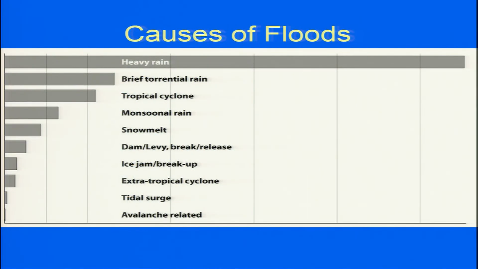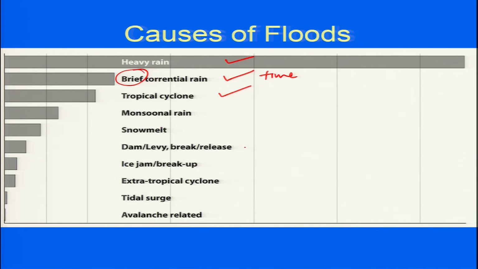So, in one of the slides we also discussed the causes of flood. Of course, heavy rain, brief torrential rain, where brief is in terms of time. Then tropical cyclones, which we experience in most of the coastal zones. Monsoonal rain, that is very heavy rainfall linked with the monsoon season.